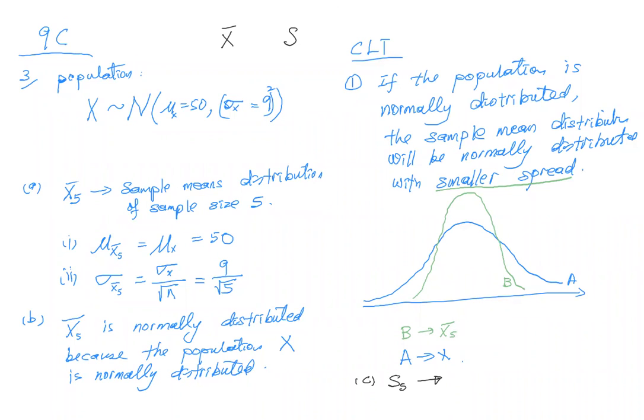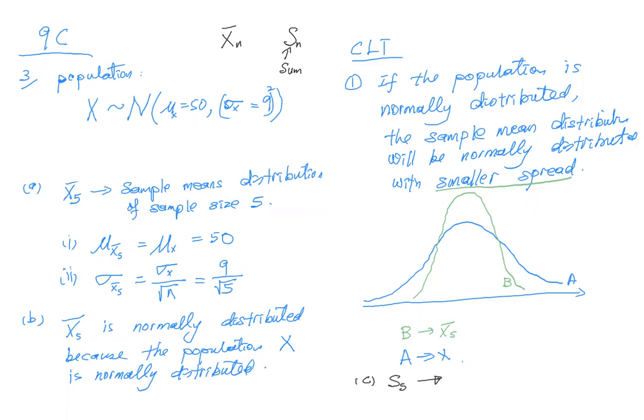That means I take sample after sample after sample. Each sample I find the mean. Then I make the distribution of sample mean. My variable is sample mean. S is for the sum. So I take sample after sample, all the possible samples, I find the sum of each sample and I make the distribution.